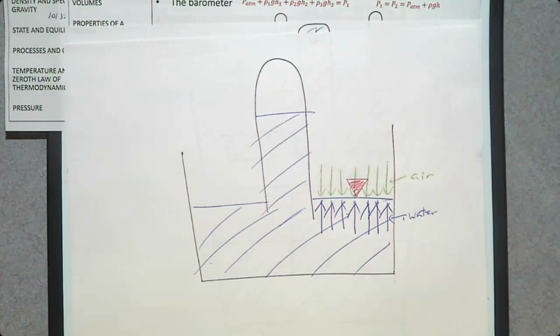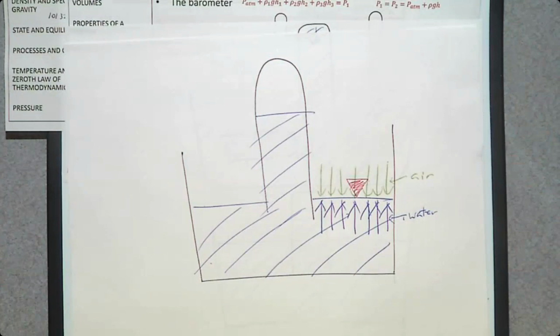Which one is greater? Is the water pressure higher or the air pressure higher? What if air pressure is greater than water pressure? The interface goes down, pushing the water upward. What about water pressure greater than air pressure? It goes up and the water comes down, right?